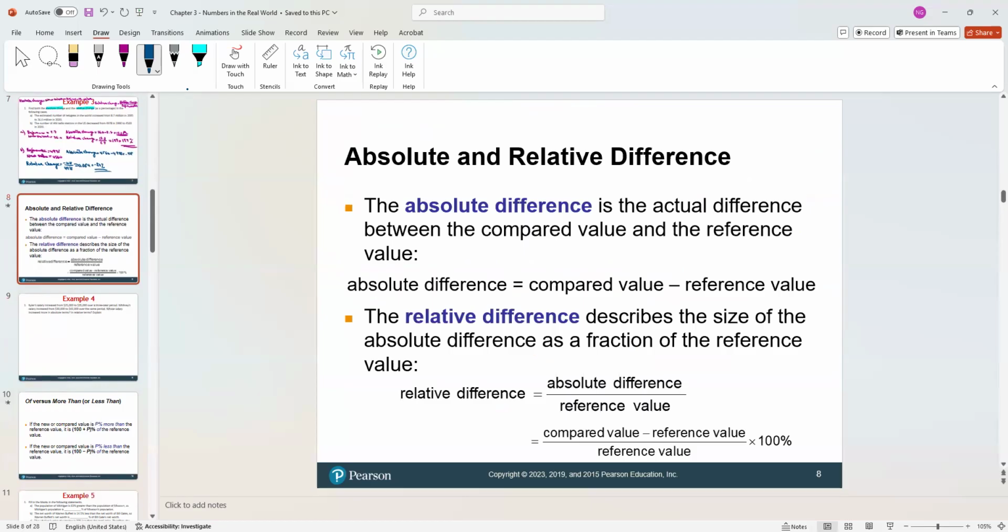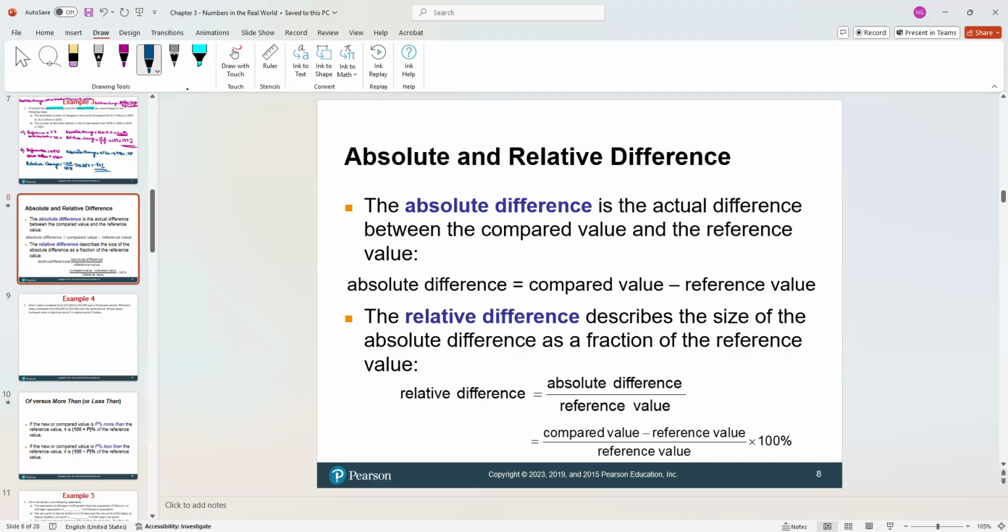We can use it to compare two numbers, right? Suppose we want to compare the price of a 50,000 Mercedes to the price of a 40,000 Toyota.